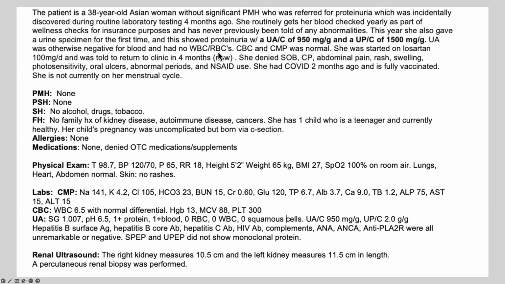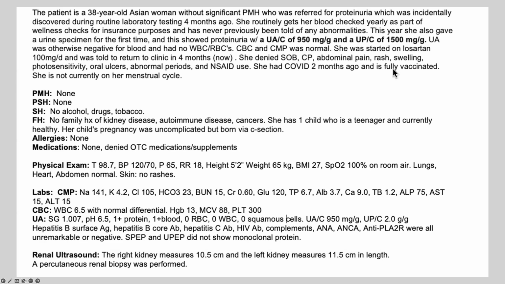This year, she also gave a urine specimen for the first time, and this showed proteinuria with a UAC of 950 milligrams per gram and a UPC of 1500 milligrams per gram. UA was otherwise negative for blood and had no WBCs and RBCs. CBC and CMP were both normal. She was started on losartan 100 milligrams per day and was told to return to clinic in 4 months.